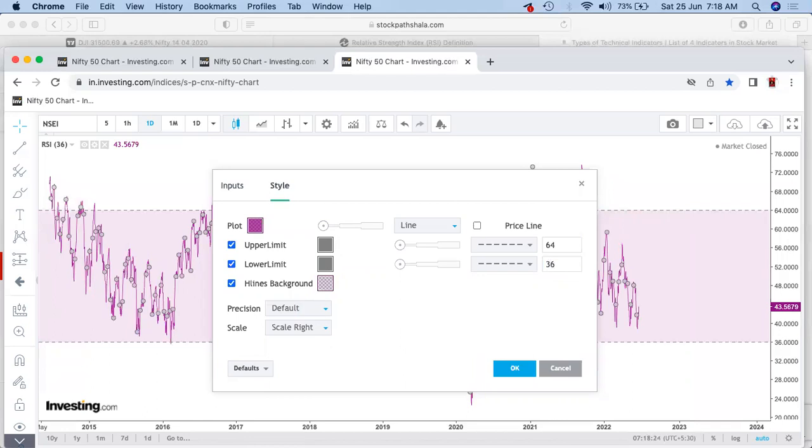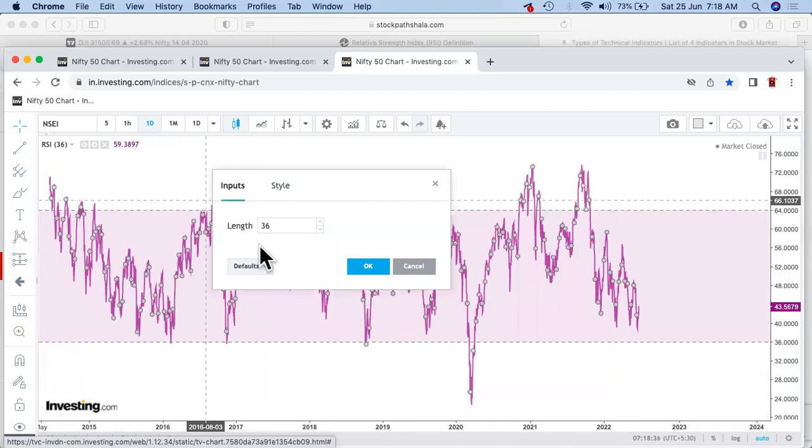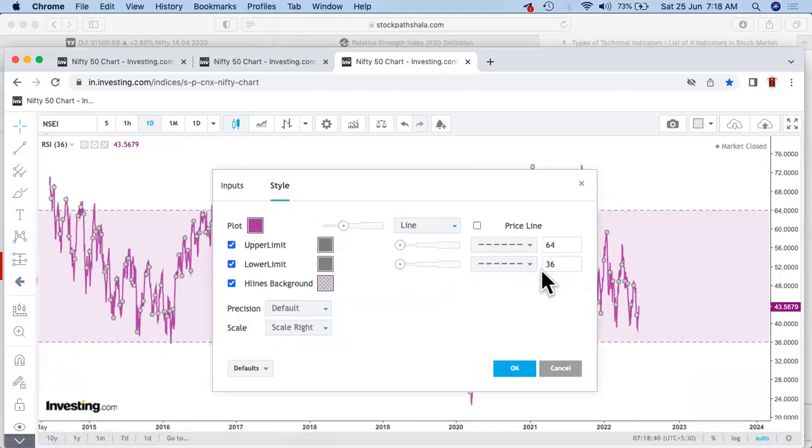This is the first change that we do. Of course, I follow more of WD Gann, so those changes come as per the numbers. The rest of the parts do remain the same. Only we have made a change in the length, and the upper limit and the lower limit are 64 and 36, right?